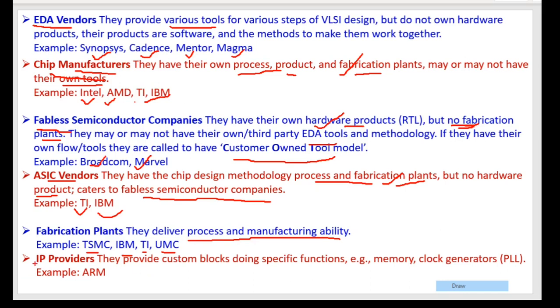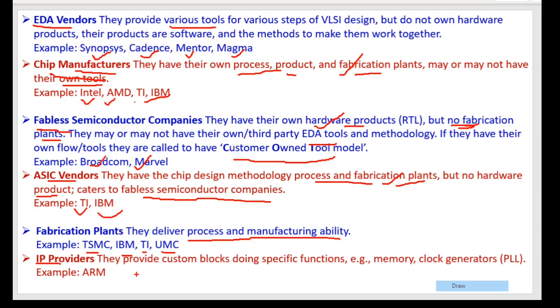Then there are some IP providers. IP is for intellectual property. Okay, so suppose you design a particular circuit that's unique and you want to sell this in the market. If you somehow get a patent on that, then it means that you own that, you are the owner of that particular design, of that particular design methodology, whatever you have proposed.